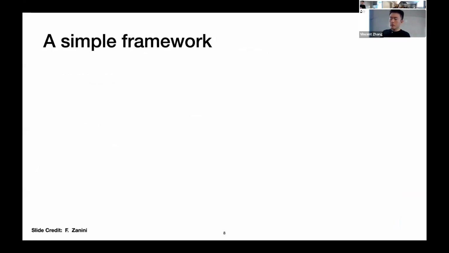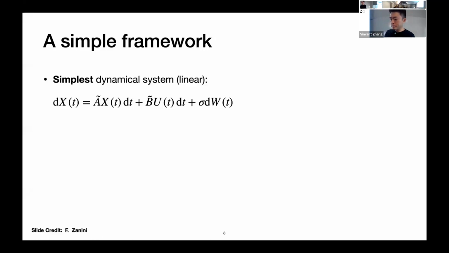Right. So the simple framework that we pick goes like this. First, we have a linear dynamical system. This might not look familiar to people working on discrete time systems, but it is the standard way of writing a dynamical system in continuous time.